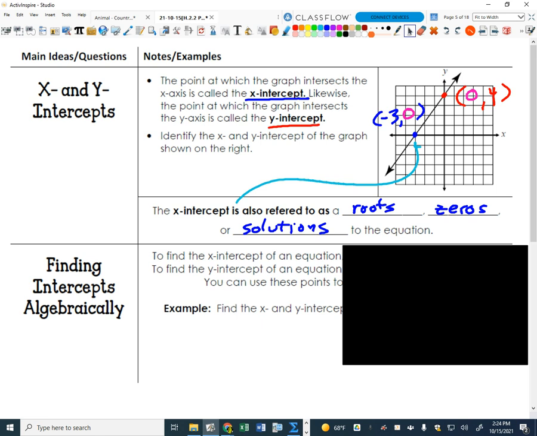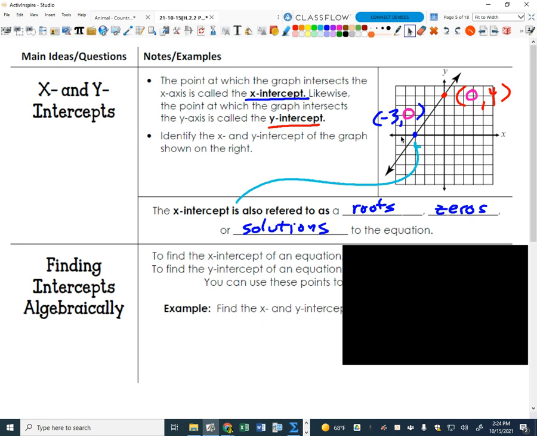If I want to find the x-intercept, what am I going to set to 0? Here's an x-intercept. What could I do? If I want to find the x-intercept of any function, what could I do? Say it again. Set y to 0. Yeah, right?